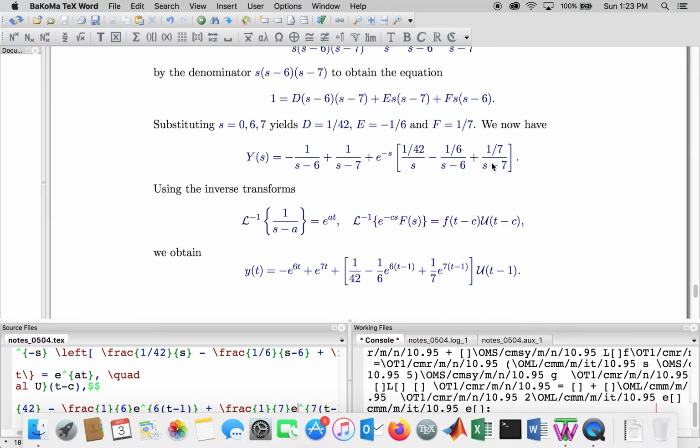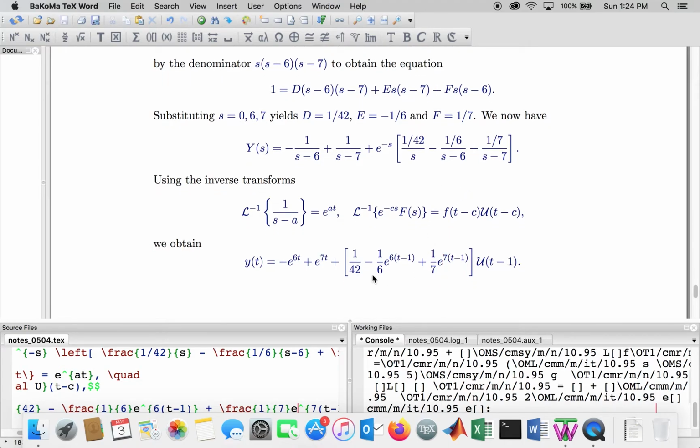Over here I have a constant times 1 over s minus 7, which inverse transforms to e to the 7t. Must replace t with t minus 1, and then multiply by 1/7.